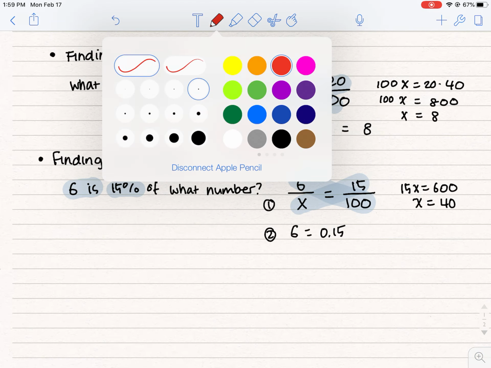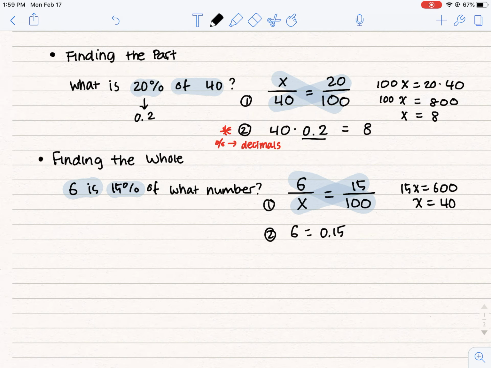So I'm going to change 15% into decimals, 0.15 times, I don't know the number, x. So if you set up the equation like this, you actually have to solve for x. If you do 0.15 times x equals 6, you really have to divide both sides by 0.15. So what you're going to do is 6 divided by 0.15.